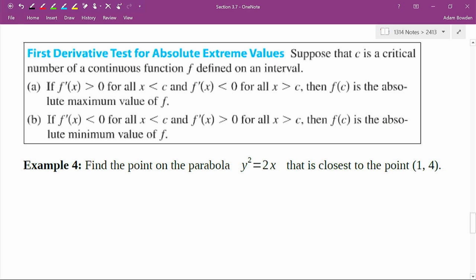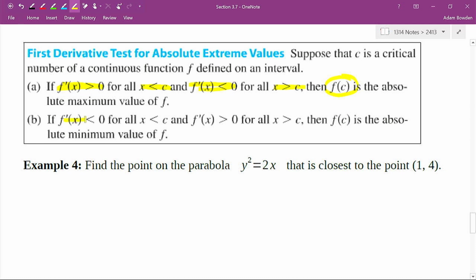One thing we can make note of with the first derivative test and optimizing for the absolute extreme values goes along something like this. It says suppose that c is a critical number of a continuous function f defined on an interval. If f prime of x is greater than 0 for all x less than c, and f prime of x is less than 0 for all x greater than c, then f of c is an absolute maximum value for f.